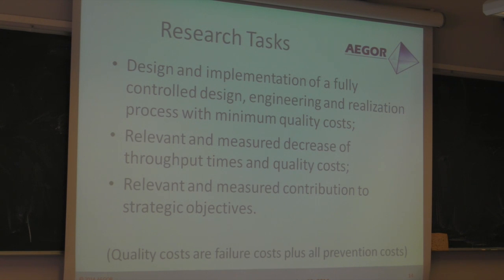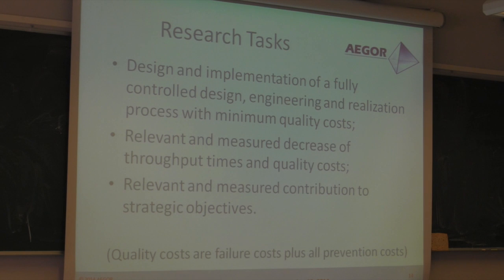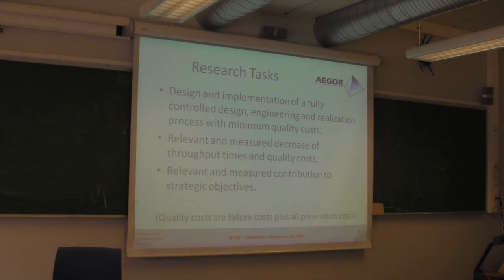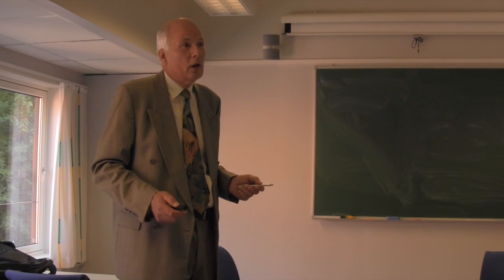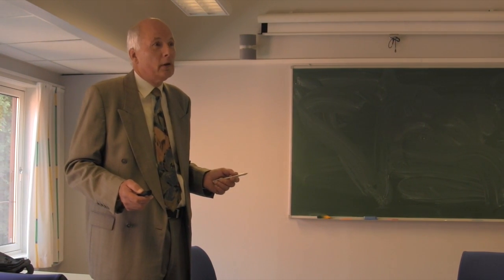With quality cost, I mean all failure costs and all costs you make to prevent these failures. I've been educated in a Six Sigma environment, and one of the big lessons there is that an improvement project should always contain a financial target for savings and a measurable contribution to your strategic objectives.